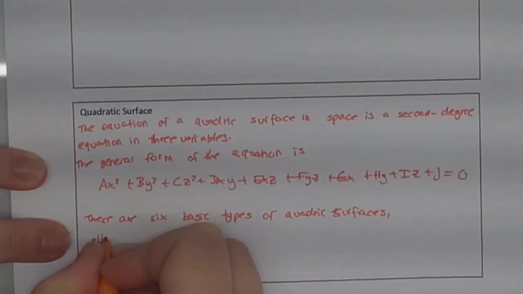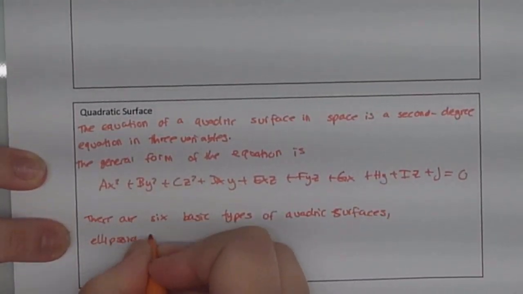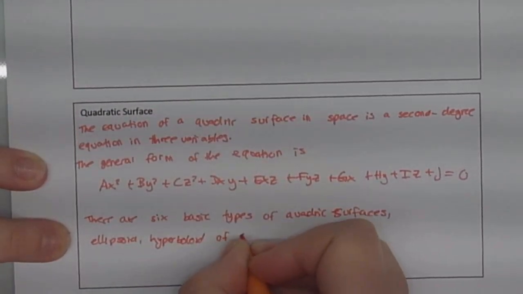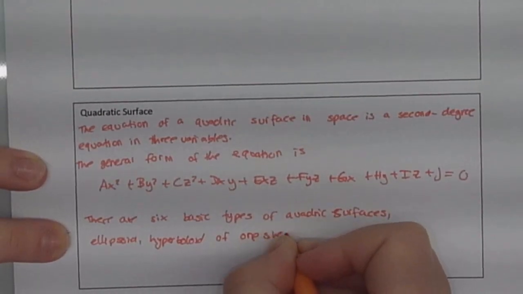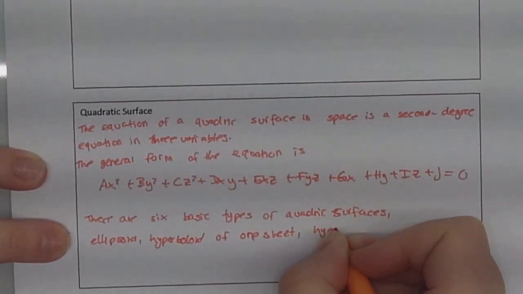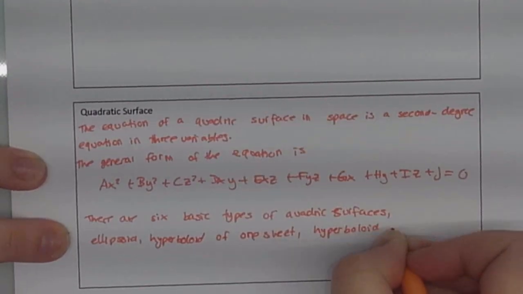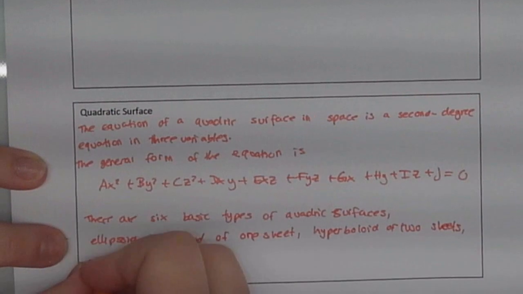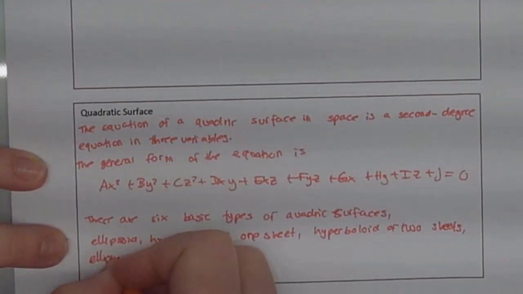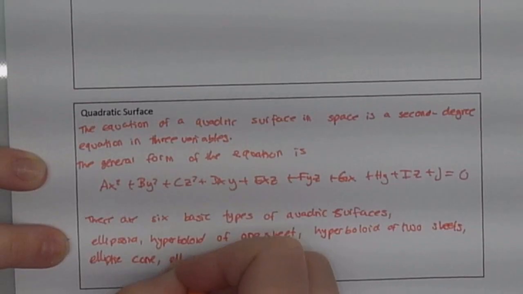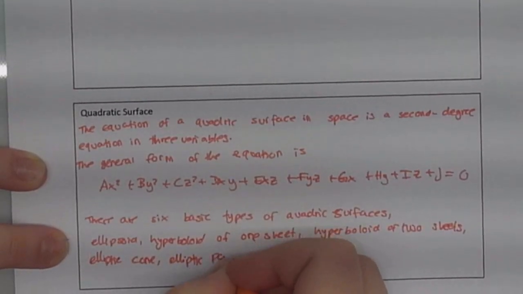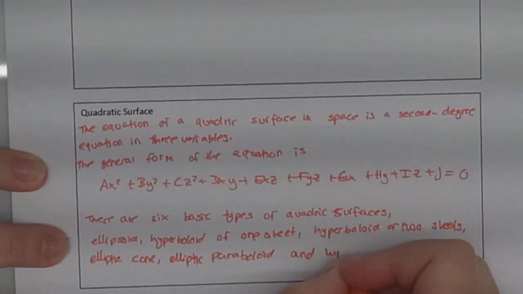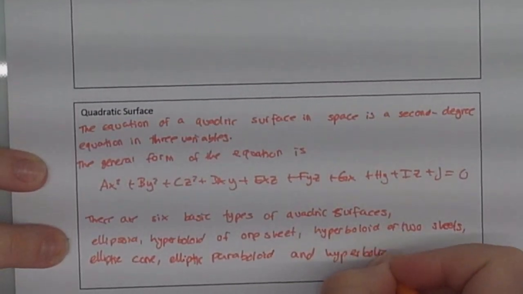We've got ellipsoids, hyperboloids of 1 sheet, hyperboloids of 2 sheets, we have an elliptical cone, an elliptic paraboloid, and a hyperbolic paraboloid.